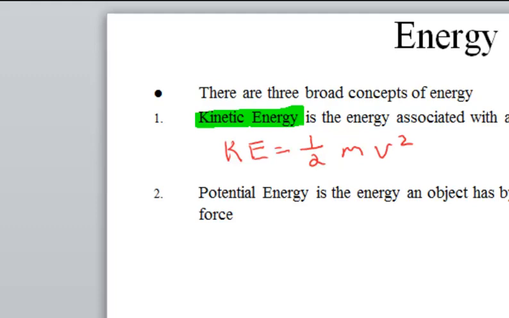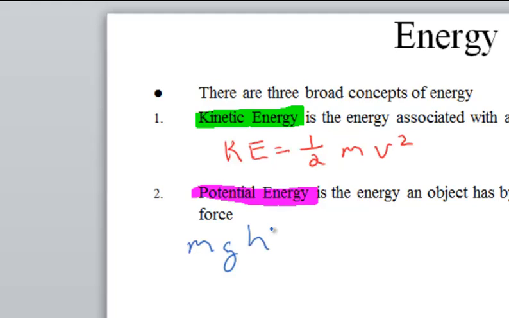Potential energy, we're not going to do any calculations with it, but we do know a few concepts of it. The equation for gravitational potential energy is mass times the gravitational constant times h. We could also do some calculations with electrostatic interactions with the electron and the proton, but that gets complicated. That's something you'll save for graduate school like I did.